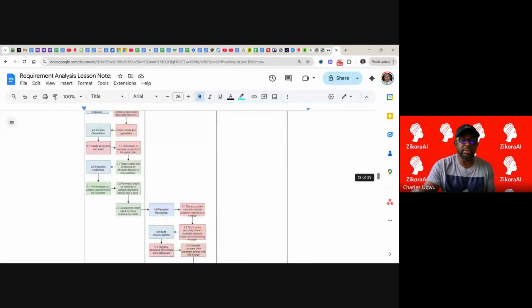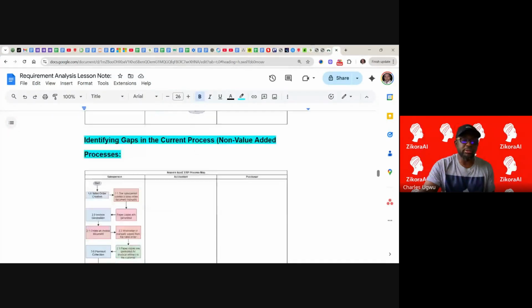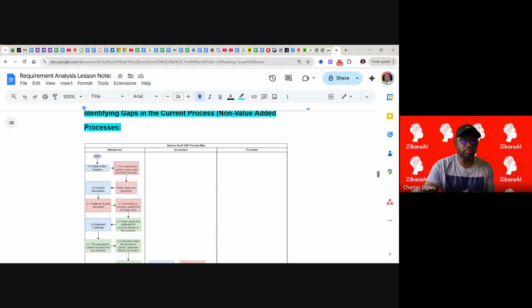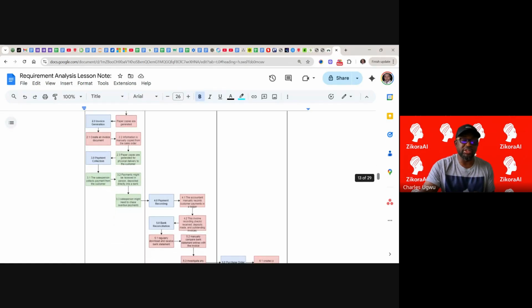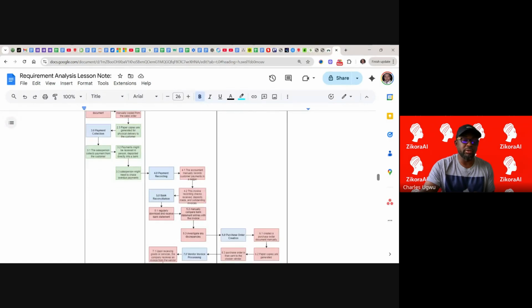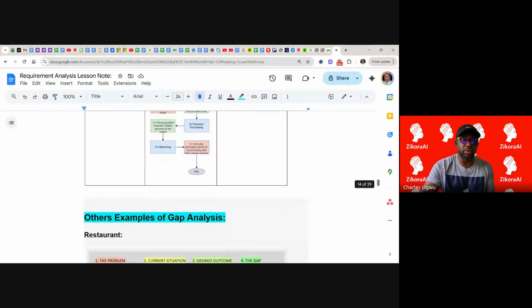If you have done it, I will encourage you to move to requirement gap analysis on the process map you've done. Use the example of what I illustrated here to carry out one.